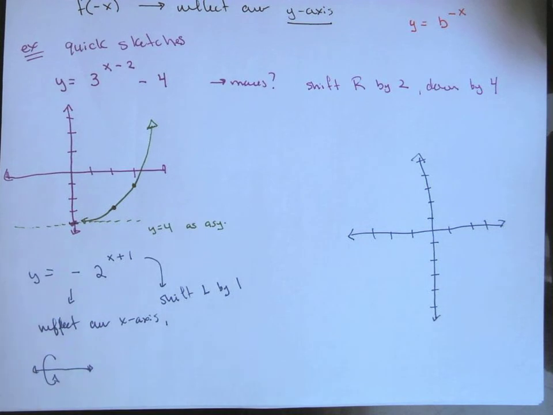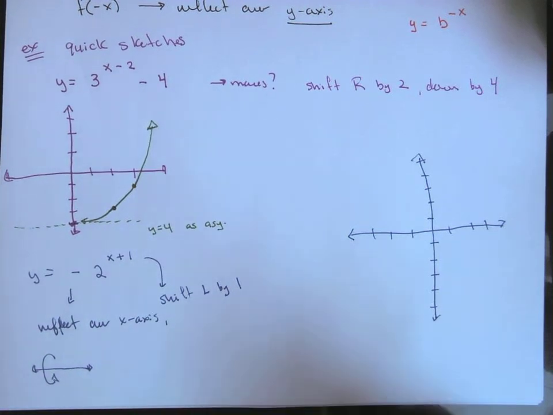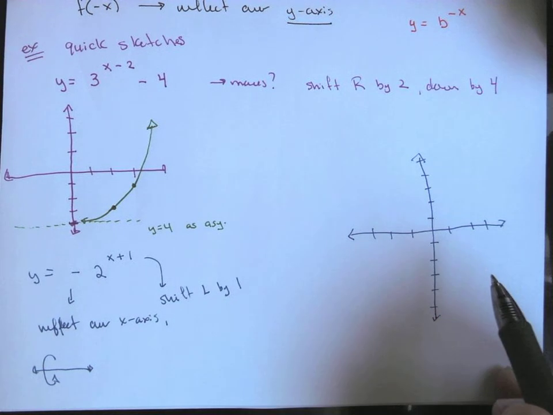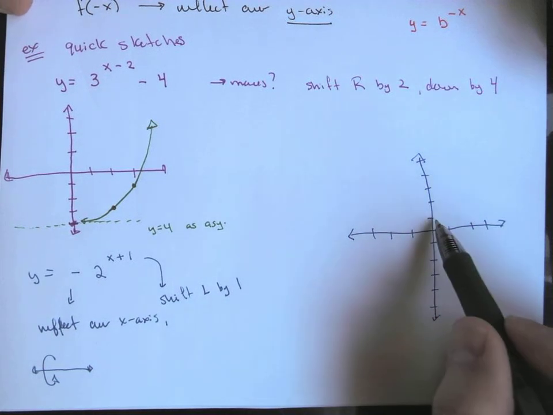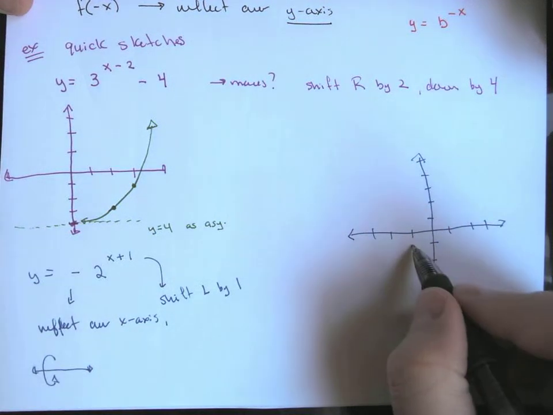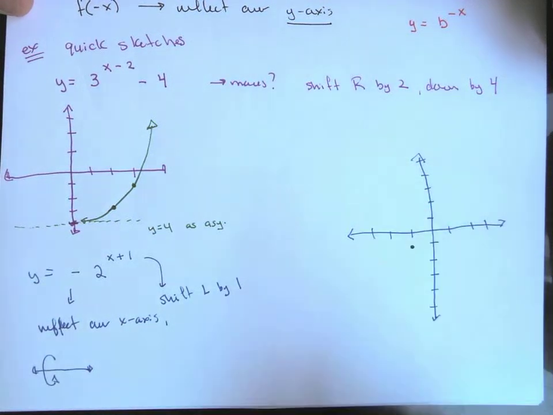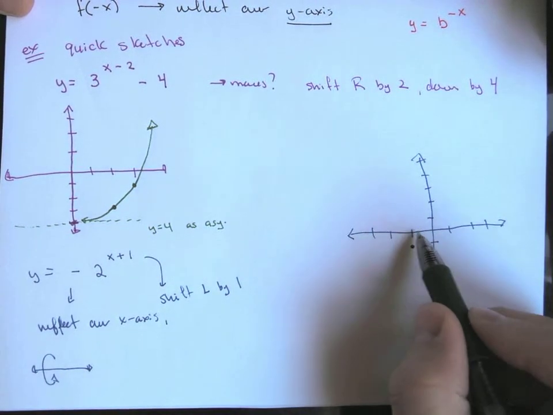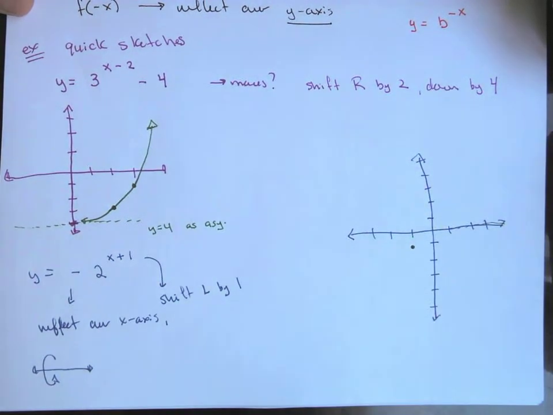So what are we working with? Let's start with that 0, 1. That's a really nice standard point. Let's flip it and let's shift it. So 0, 1, we're reflecting over the axis, so that's going to take us down here, and then we're going left by 1 to here. We're not moving up and down, so our asymptote is going to remain at 0.